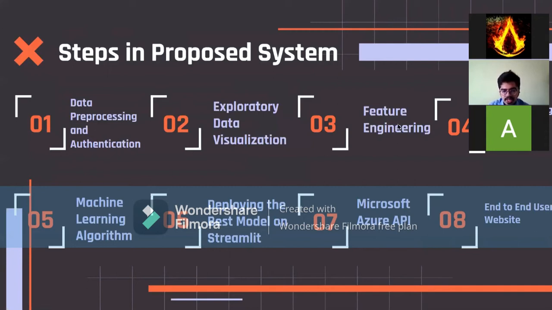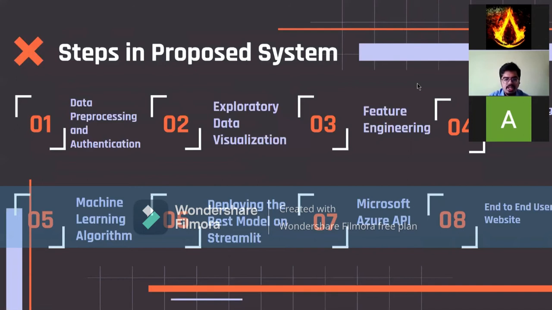After applying all these 6 algorithms and standardizing stats for evaluation, we got to know that random forest is the best classifier among all the algorithms, and thus we have developed the entire model and deployed it on Streamlit. The penultimate step is a Microsoft Azure API.